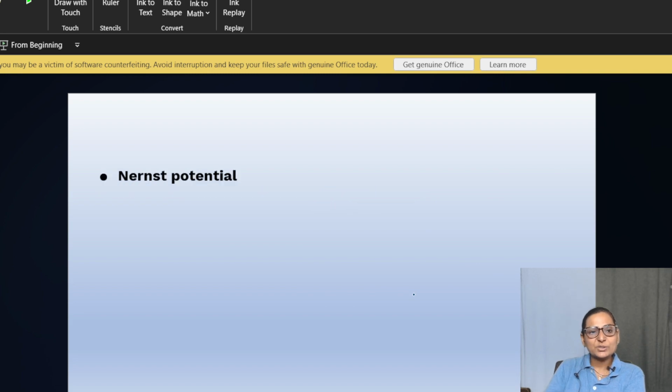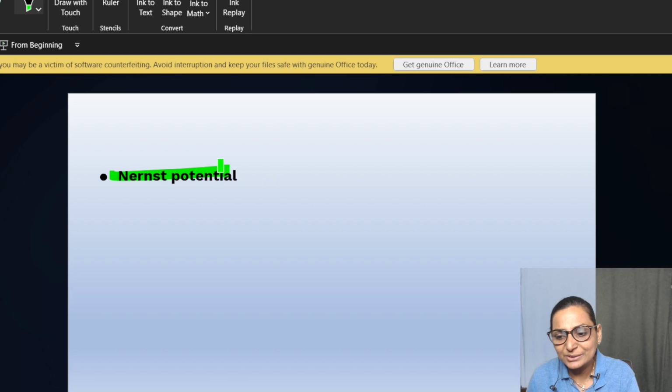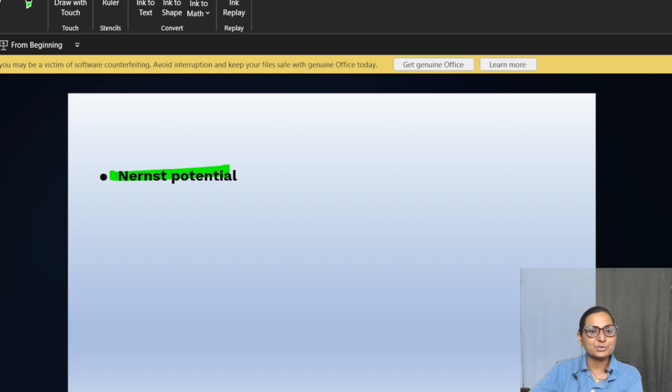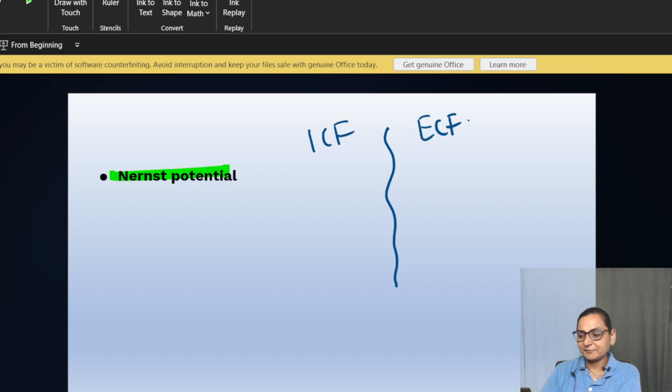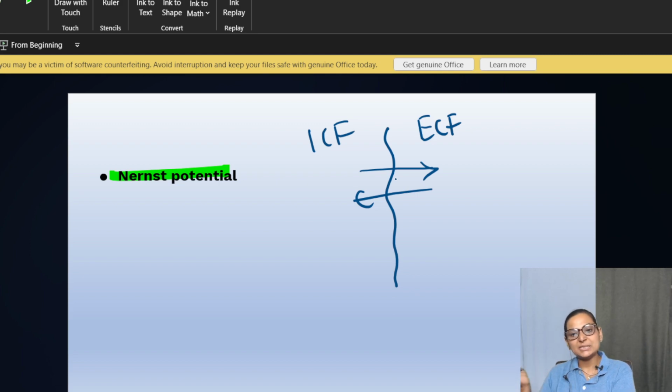This time the question which was asked was something related to the Nernst potential. I could not get the question, but it was related to Nernst potential. Now, what is Nernst potential? See, suppose this is ICF and this is your ECF. All the ions can move in these directions, either from the ICF to ECF or from the ECF to ICF.